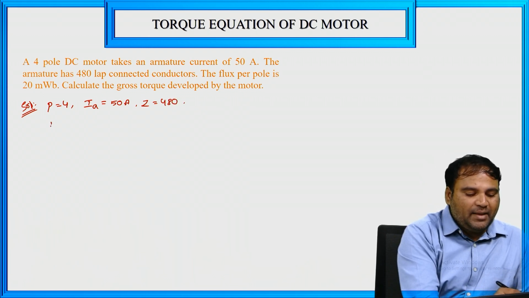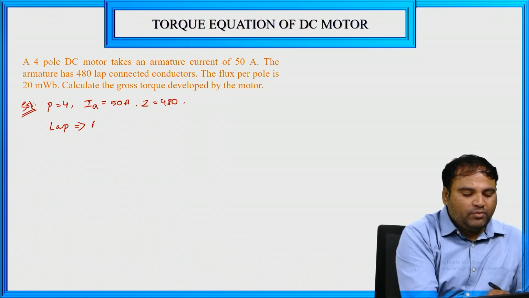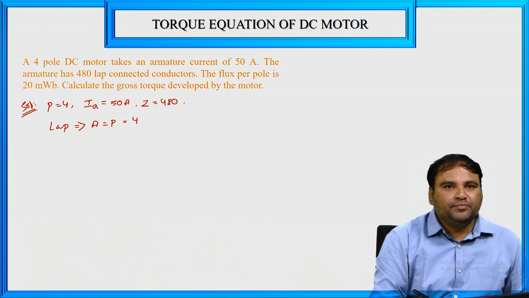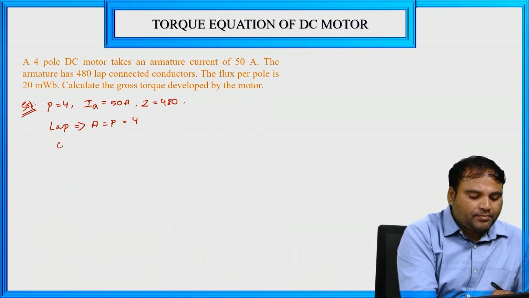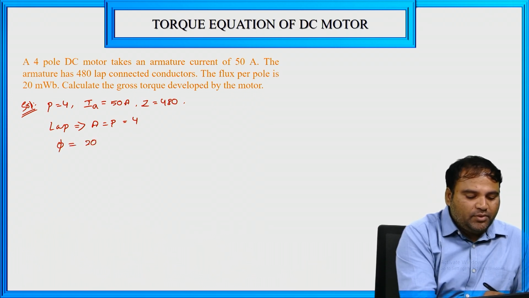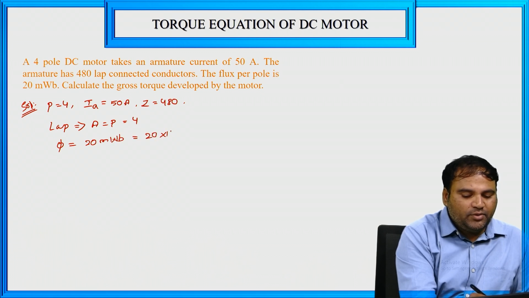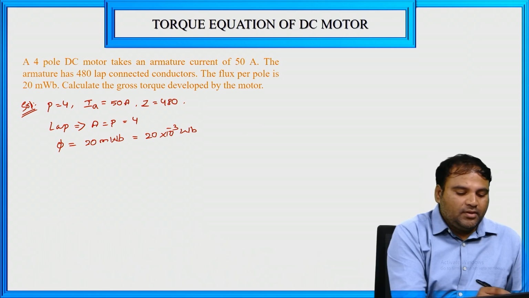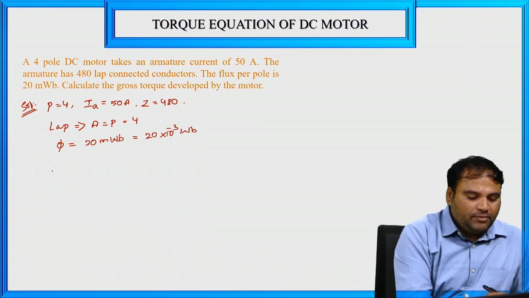So if it is lap connected, A equal to P, that is equal to 4. Suppose if it is wave connected, A equal to 2. Okay, so here it is lap connected, so A equal to P, that is equal to 4. And the flux per pole φ equal to 20 milliweber, that is equal to 20 into 10 to the power of minus 3 Weber, right? Here is the flux. Now we need to calculate the torque.